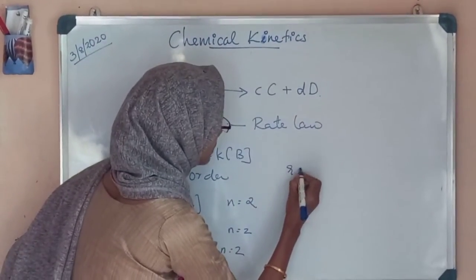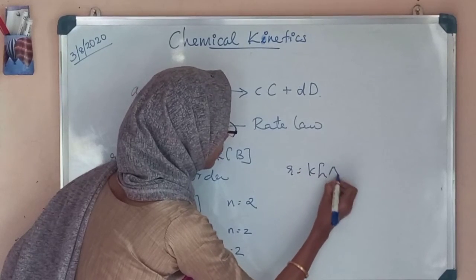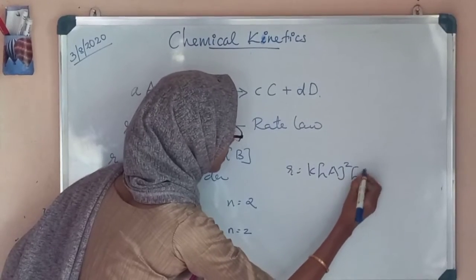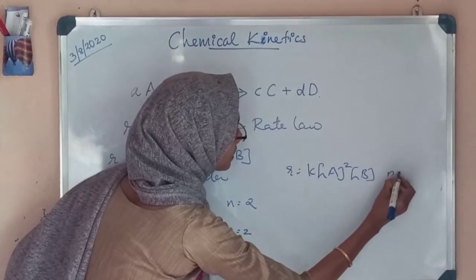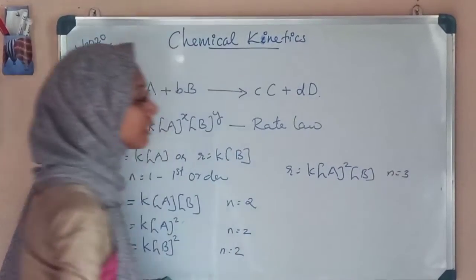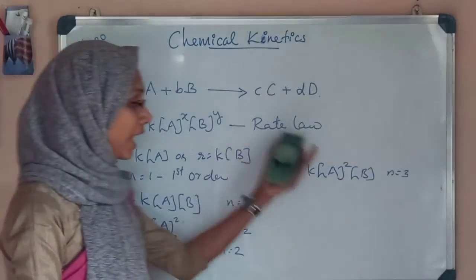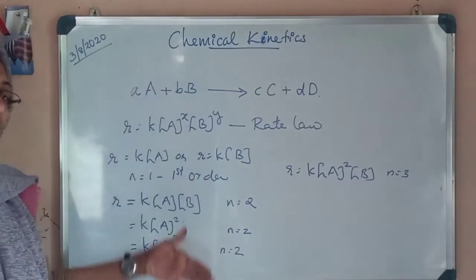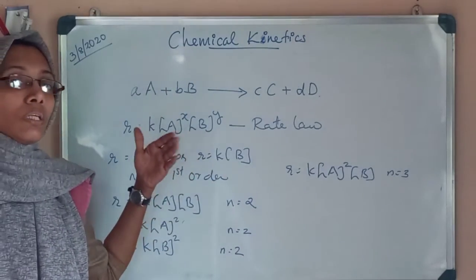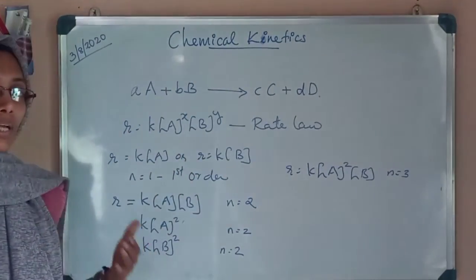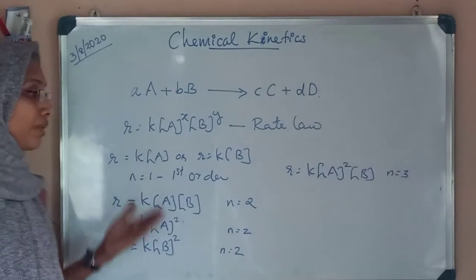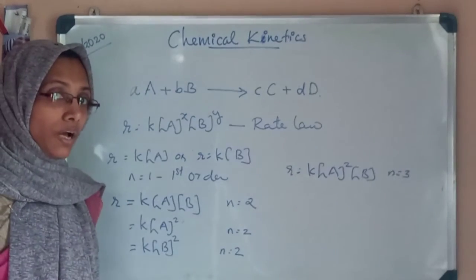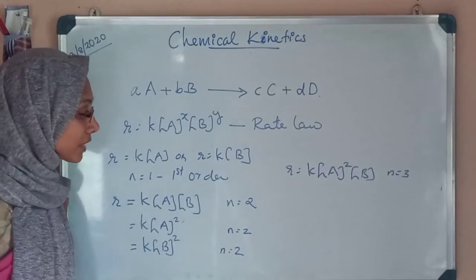If R is equal to K into concentration of A square and concentration of B, in such cases n is equal to 3. It is known as the third order reaction and so on. That is, depending on the order of the reaction, reactions are classified as first order reaction, second order reaction, third order reaction, even as zero order reaction.